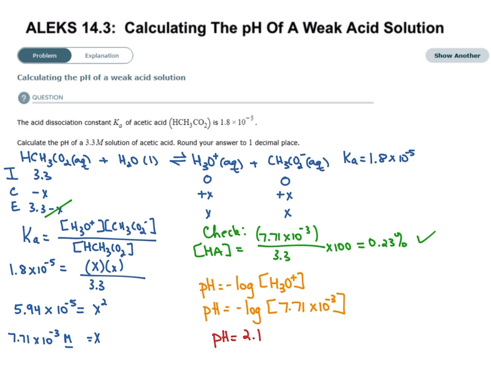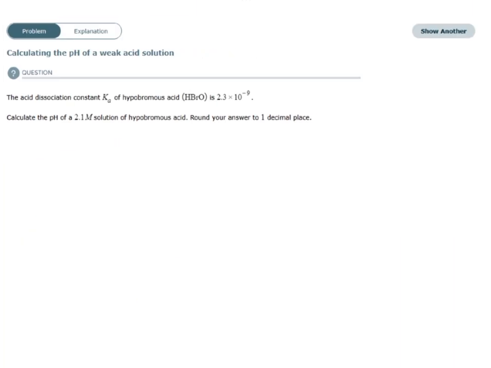Let's try another example. In this example, the acid dissociation constant of hypobromous acid is 2.3 times 10 to the negative 9. They want us to calculate the pH of a 2.1 molar solution and round our final answer to 1 decimal place. So let's set up an ICE table.